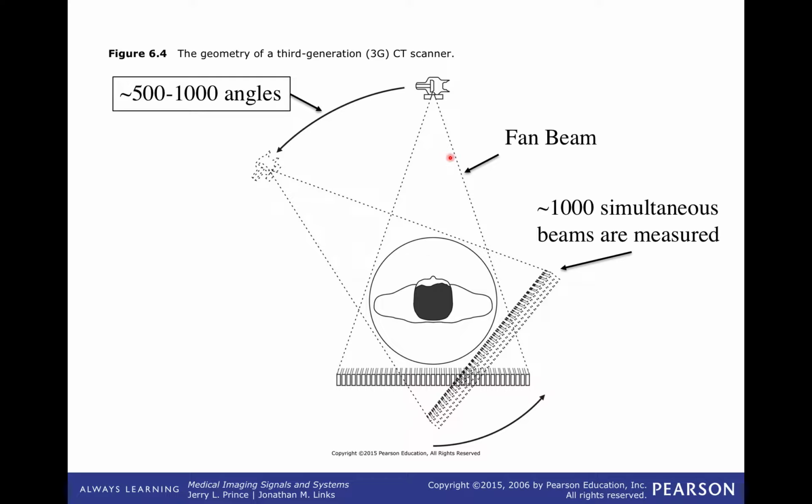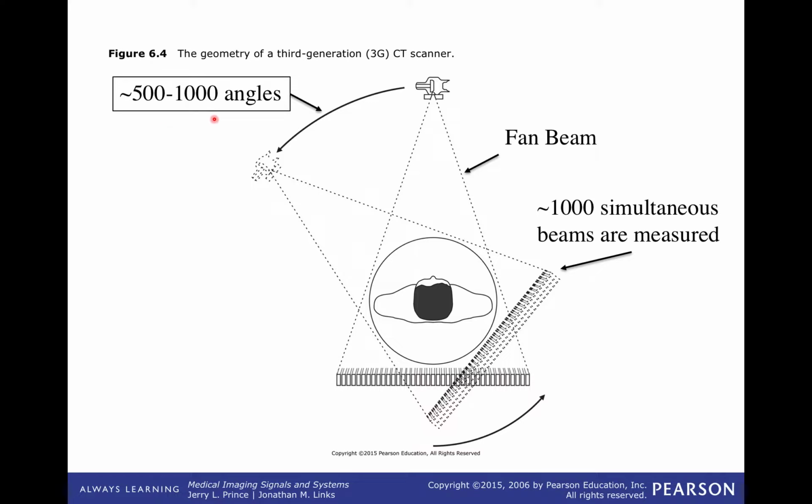So now we have about 1,000 simultaneous beams in one shot. If we have enough X-ray power, right, we can get 1,000 of those. And rotate to a new angle, take another shot, get another 1,000 projections through the patient. Nowadays, you take about 500 to 1,000 of these angles, bing, bing, bing, bing, bing, around the patient.